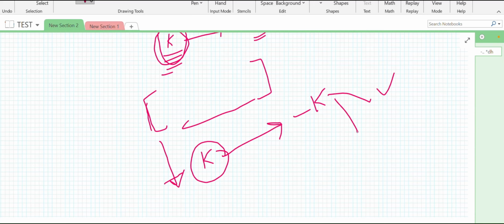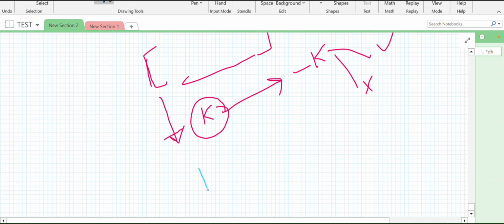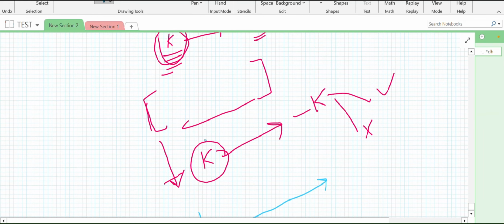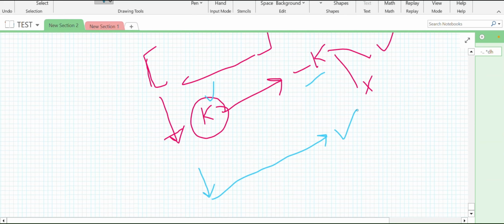How will we check? We iterate through all the elements again and check whether -k is present or not. If we see that -k is also present, that means k could be my answer.